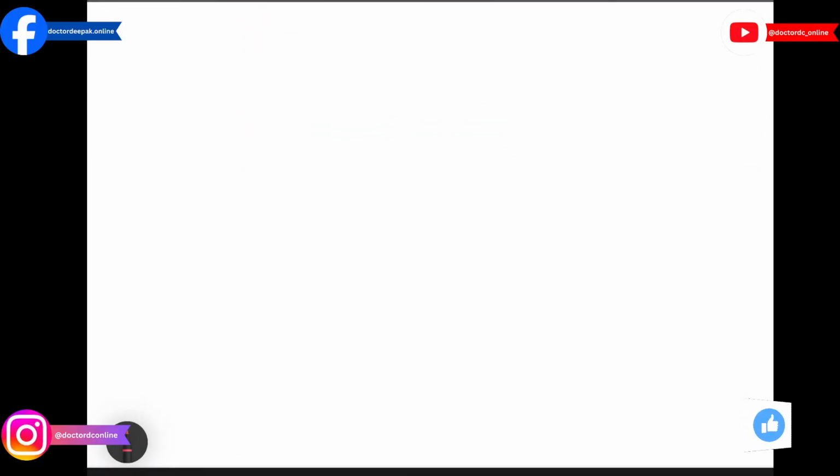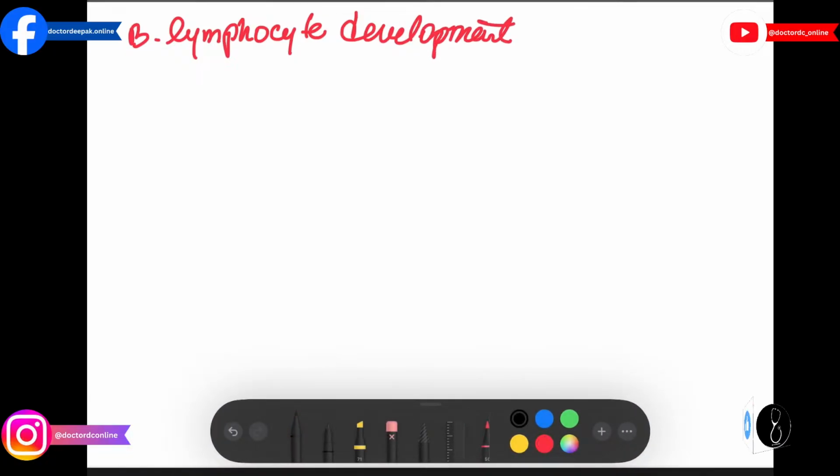Later I will give you a chart for B lymphocyte development. First, it starts from the bone marrow.